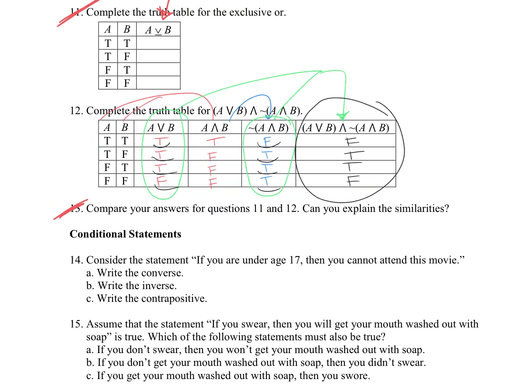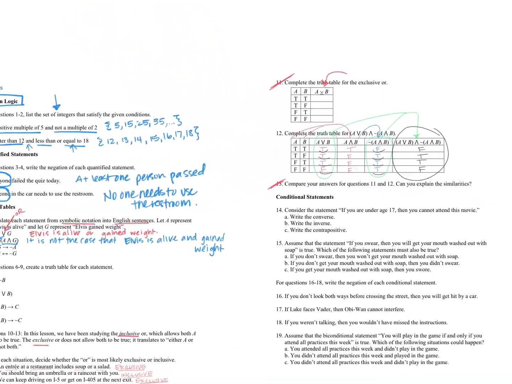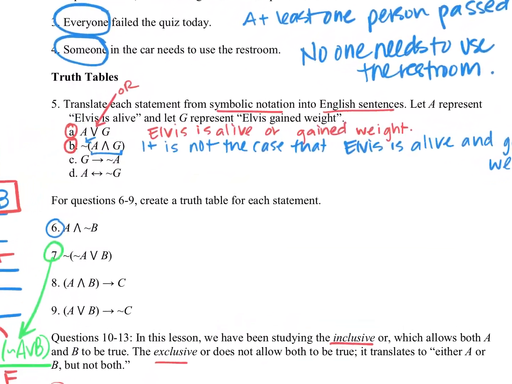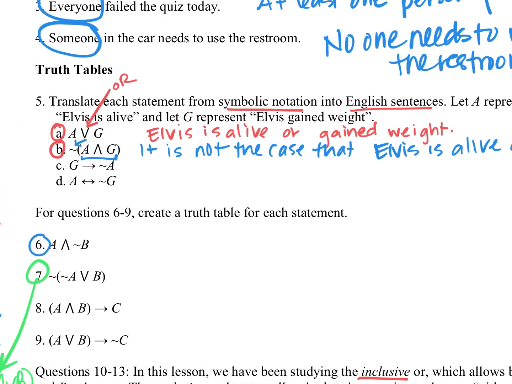All right, I'm going to go back now because in part 3 we started talking about conditionals. So I'm going to go back to question 5, and parts C and D have the conditional in them. So for part C, if we want to translate that, we know that if Elvis gained weight, then Elvis is not alive.